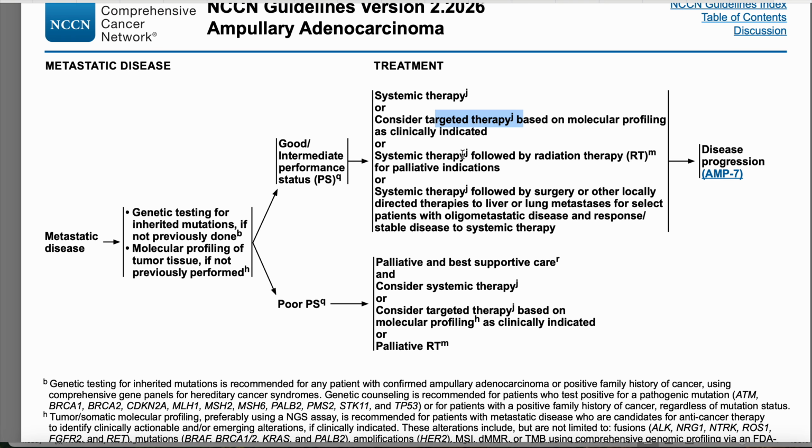Systemic therapy followed by radiotherapy for palliative indications, or systemic therapy followed by surgery or other locally directed therapies to liver or lung metastasis for selected patients with oligometastatic disease and stable disease response to systemic therapy.